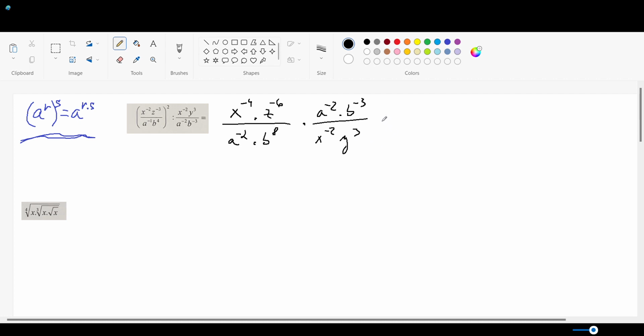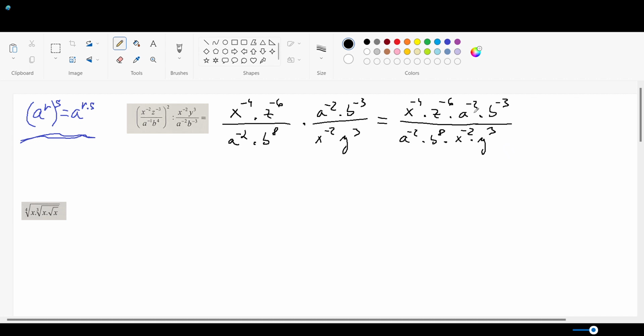Okay, nothing special. We can simplify and write it really as one fraction, so it's gonna be x to negative 4 times z to negative 6 times a to the power of negative 2 times b to the power of negative 3, over a to the power of negative 2 times b to the power of 8 times x to the power of negative 2 times y to the third power. Okay, what can we simplify here?